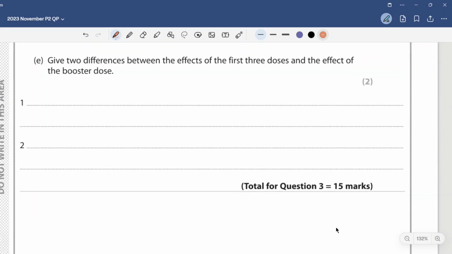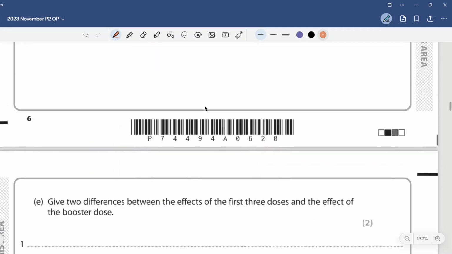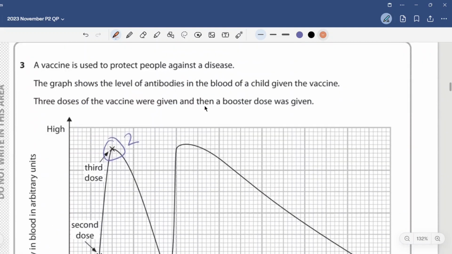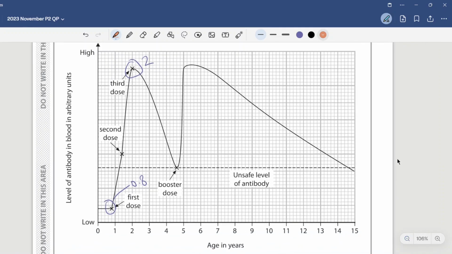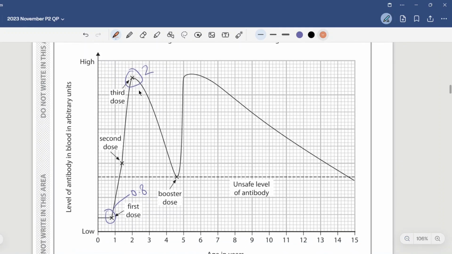Give 2 differences between the effects of the first 3 doses and the effect of the booster dose. All right, let's go back to the graph here. Okay, so we're comparing the first 3 doses and the booster. One difference is that the booster dose causes a much greater antibody level, right?